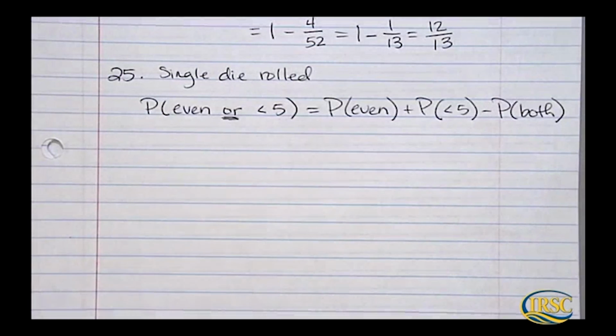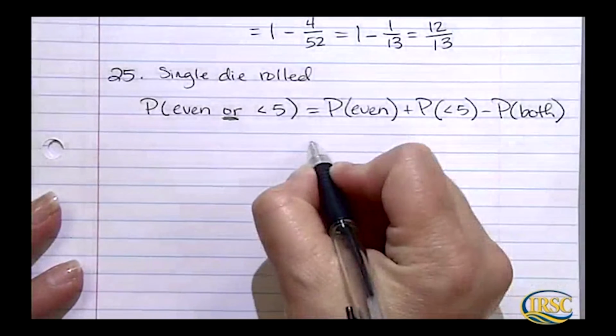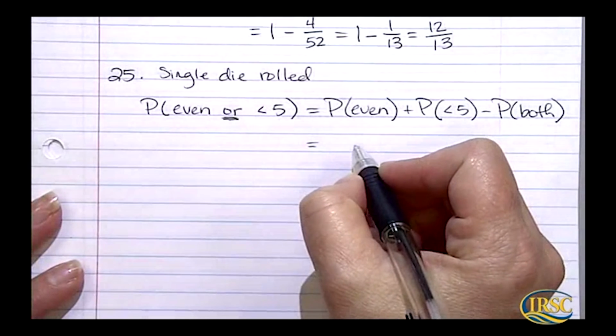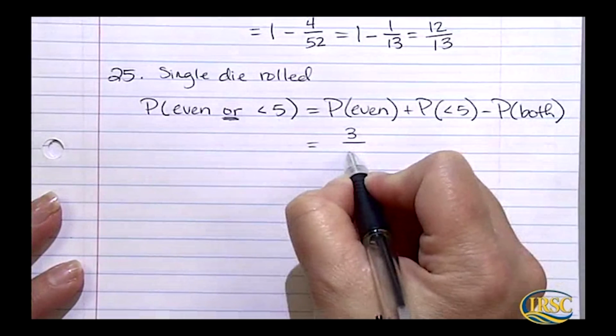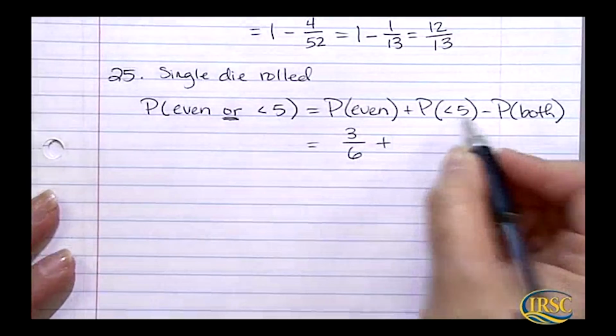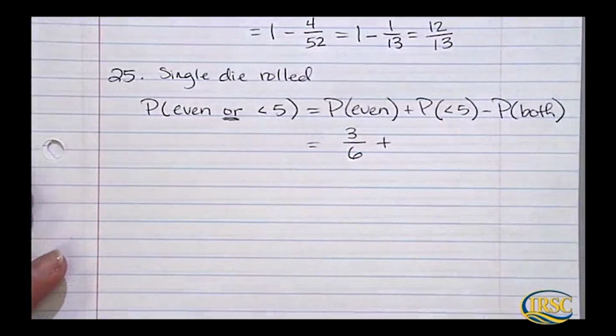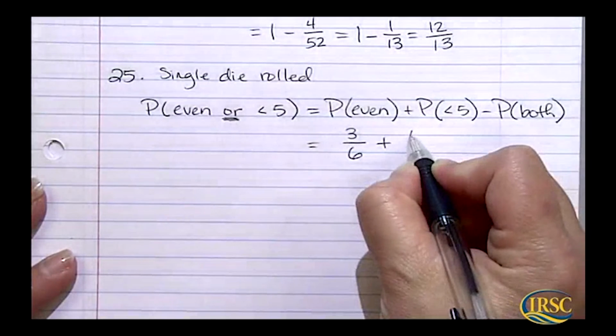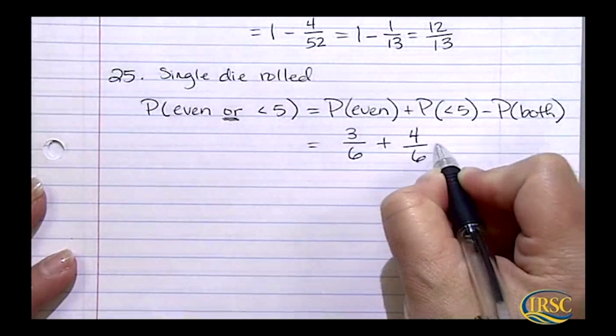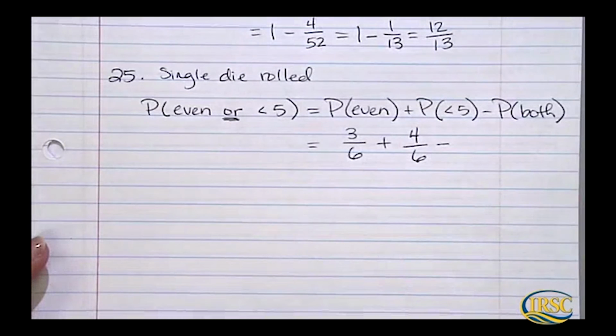Okay, so the probability of getting an even number. How many numbers on the die are even? 3 out of 6. Okay, the probability of getting less than 5? 4 out of 6. And then how many are both? 2 of them. Right?